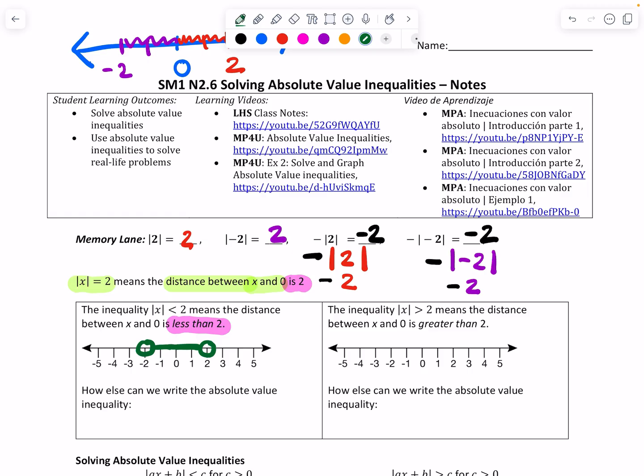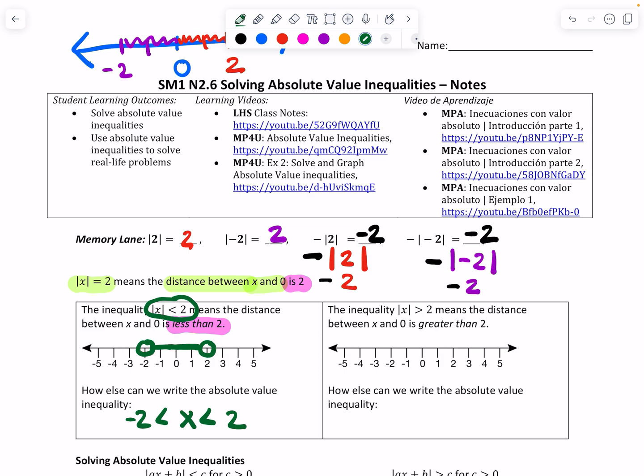So if x is any number between negative 2 and positive 2, then the absolute value of x would be less than 2. X could be any of these numbers to satisfy this inequality. Remember, between involves double less thans.